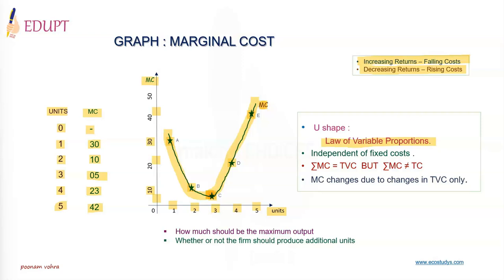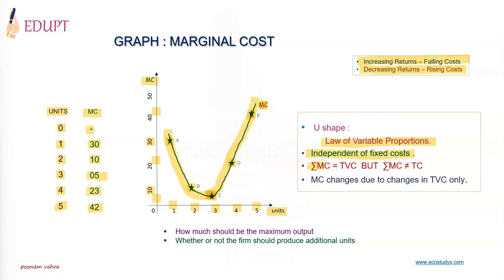One also has to remember that marginal cost is not affected by fixed cost. It is known that total cost is the summation of total fixed cost and total variable cost. As total fixed cost does not change with change in output, marginal cost is independent of total fixed cost and is affected by only total variable cost.